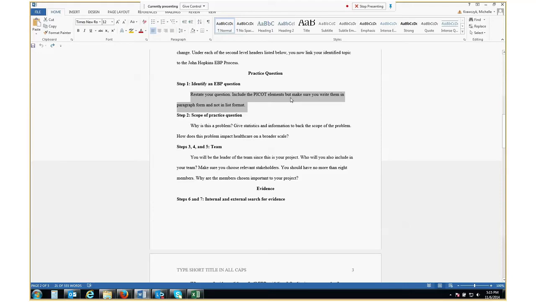Do not list your PICO elements like you did in your threaded discussion. Instead, I want you to write them in paragraph form. The problem is that there are increased urinary tract infections on the post-op care unit.